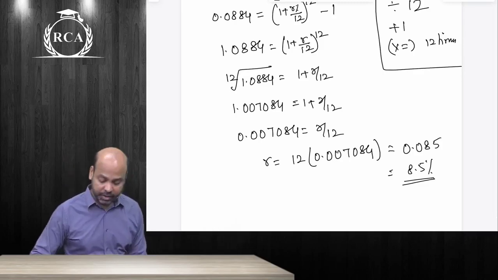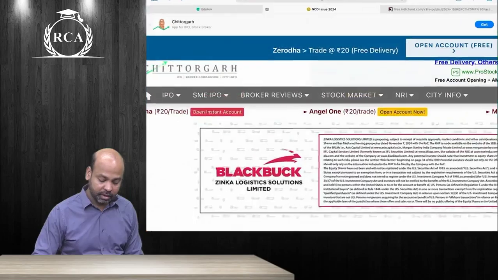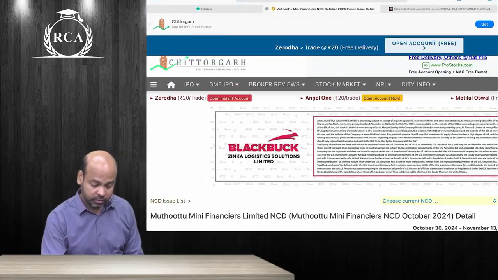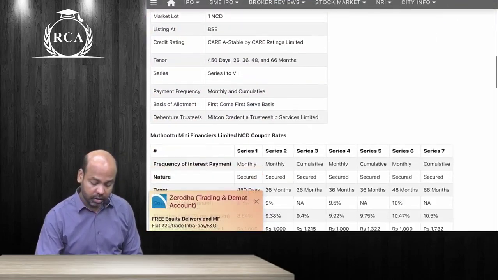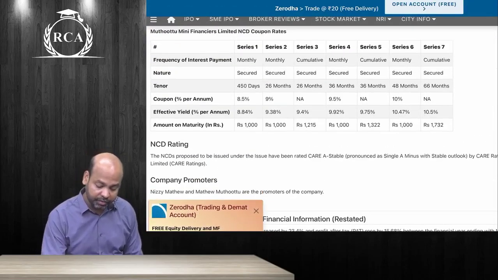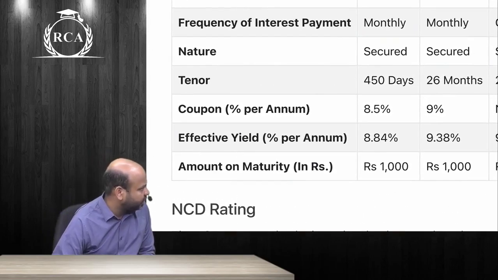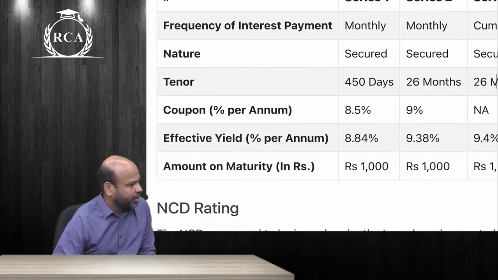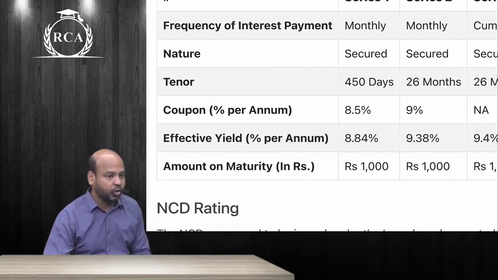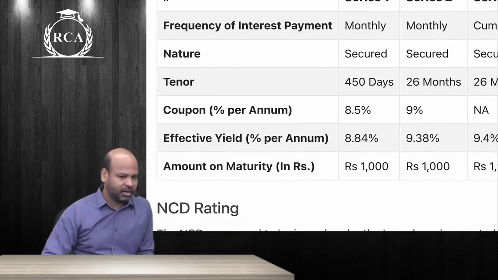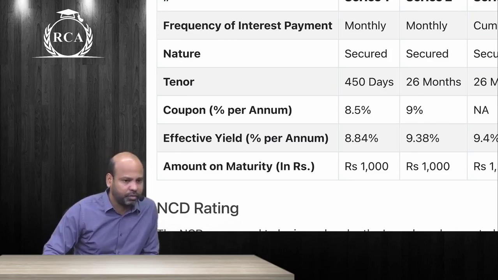This is how companies reverse calculate, guys. They know that they will have to provide an effective yield of 8.84%. So the coupon rate that is to be offered, beta, is 8.5%. Only if they offer a coupon rate of 8.5%, beta, they will be able to effectively give the investors a return of 8.84.